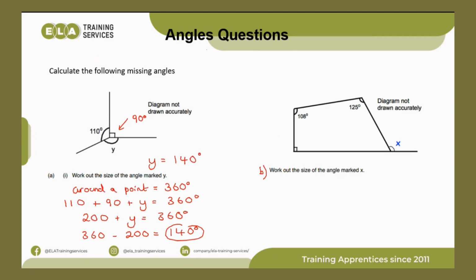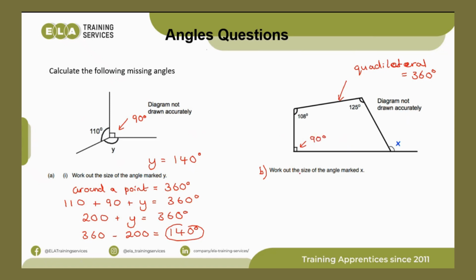Then we have B. So work out the size of angle marked X. So here we've got a quadrilateral. We know they're equal to 360 degrees. We also have a right angle, which is 90 degrees.